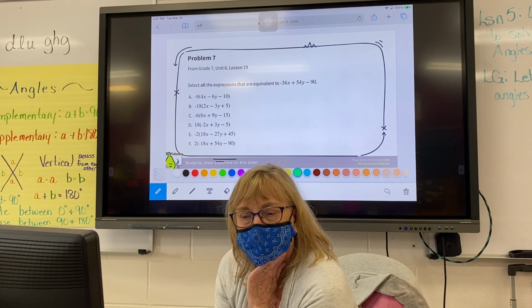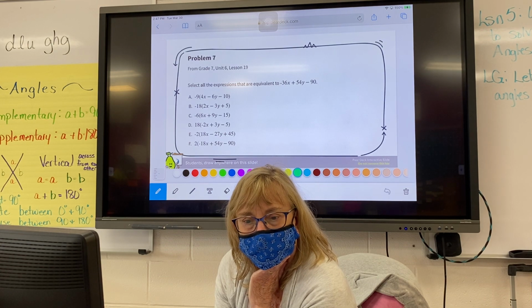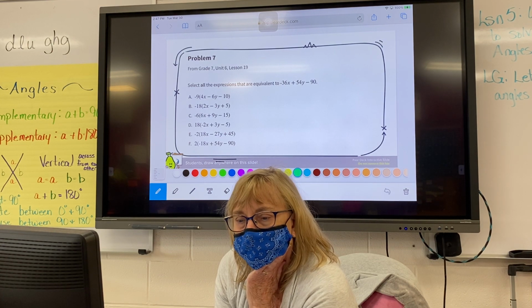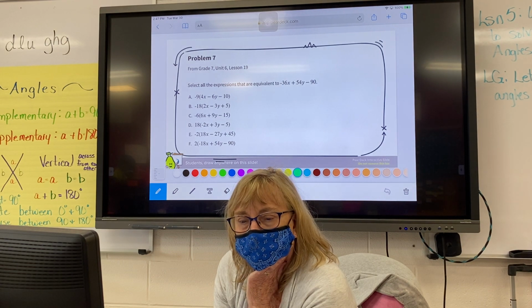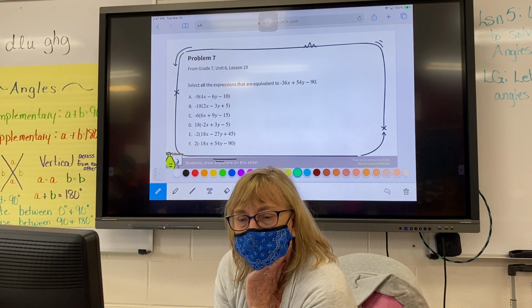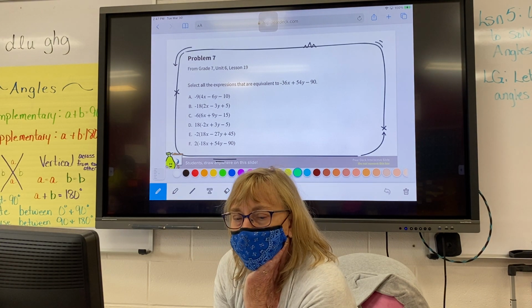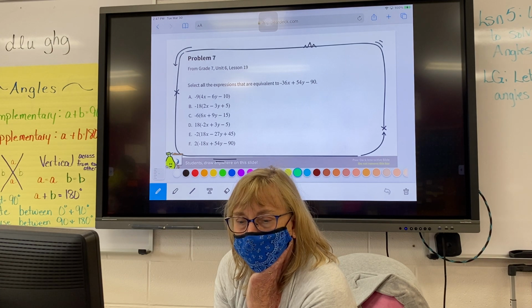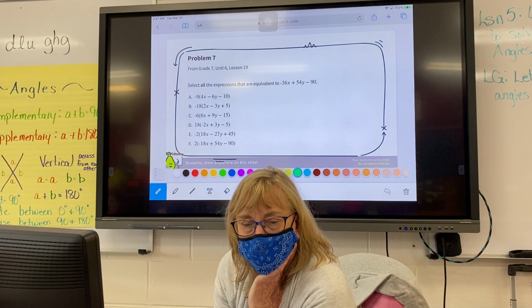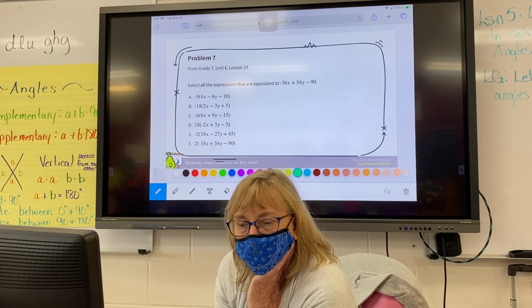What does it look like they're doing in each case? What's that called? Distributed. Nope, they didn't distribute. What did they do? Factor. They factored it. The original is the expanded form, and all the answers are factored forms.